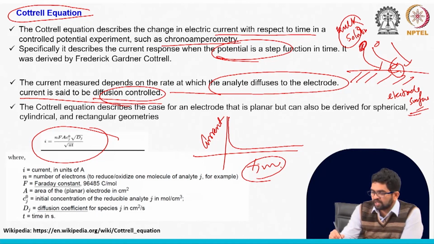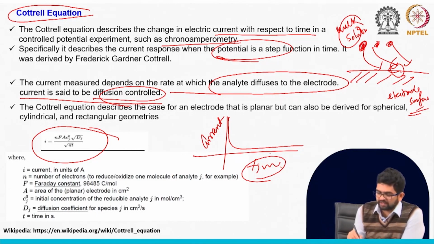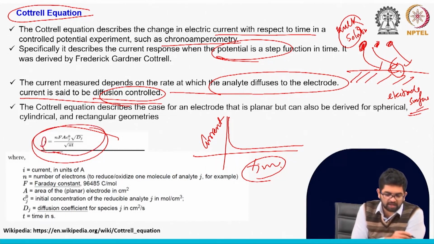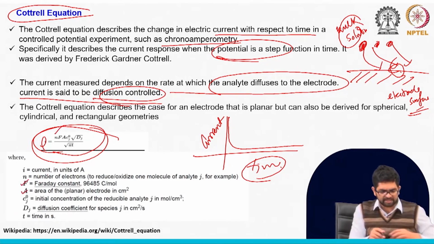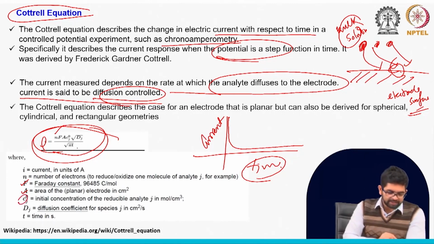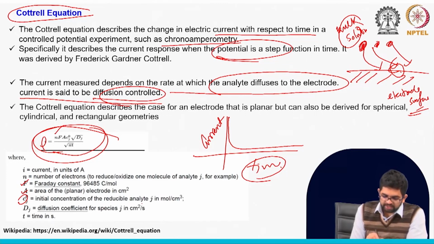If the analyte diffusing towards the surface is affected somehow, then with respect to time your current can also change. That is written here, how the current can change and what the factors are. I is the current, n is the number of electrons, F is the Faraday constant, A is the area of the surface, C0 is the initial concentration of the reducible analyte, D is the diffusion coefficient, and t is the time.